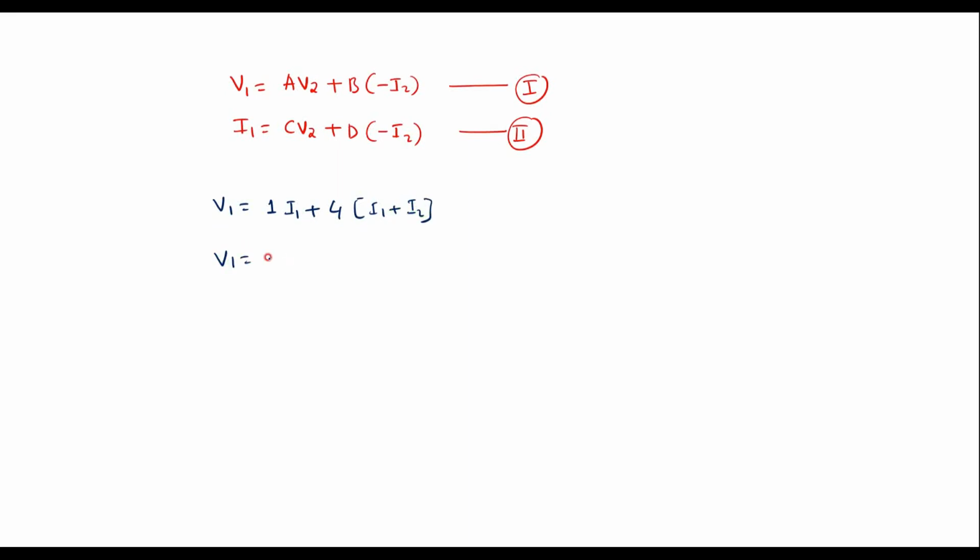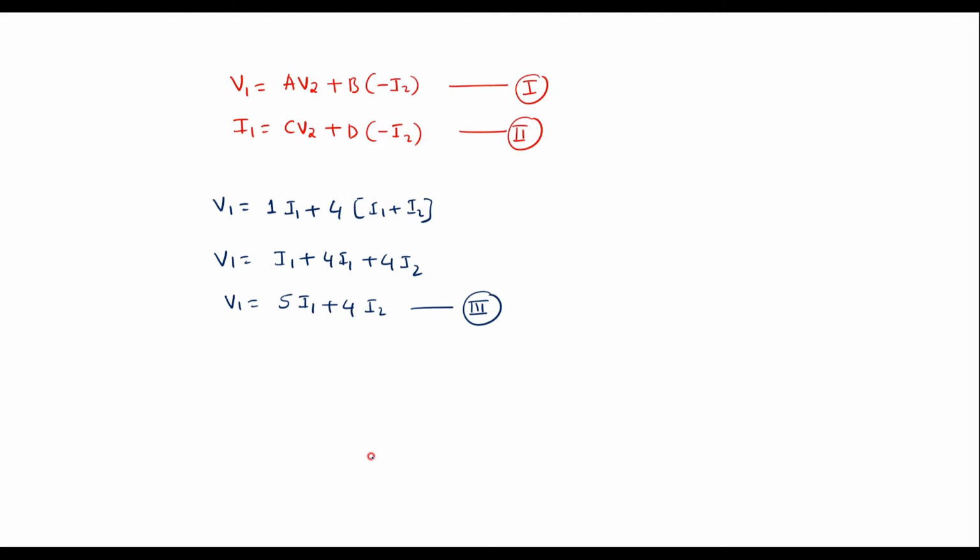So V1 is equal to I1 plus 4 I1 plus 4 I2, or V1 is equal to 5 I1 plus 4 I2. I will call it equation 3.